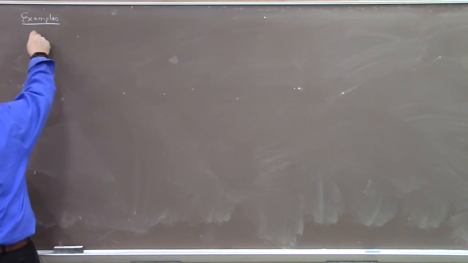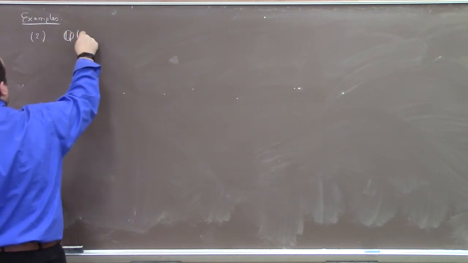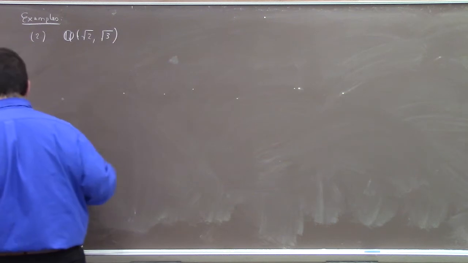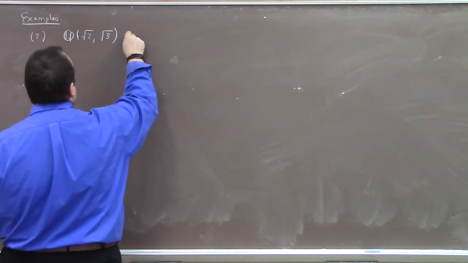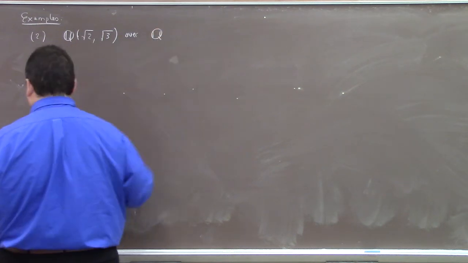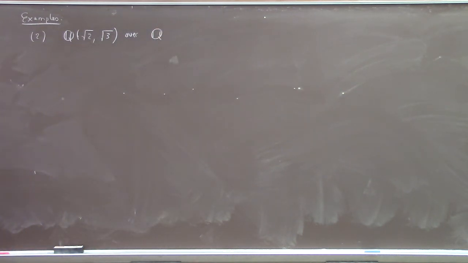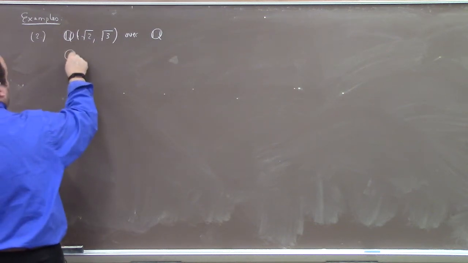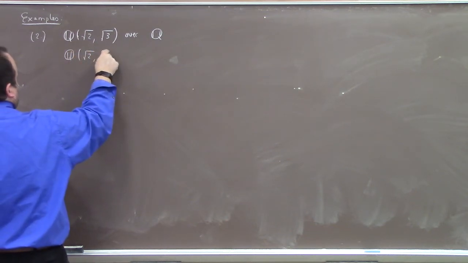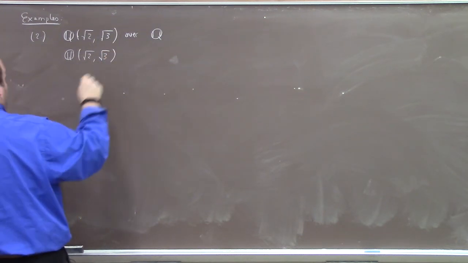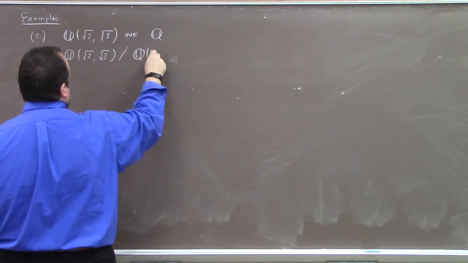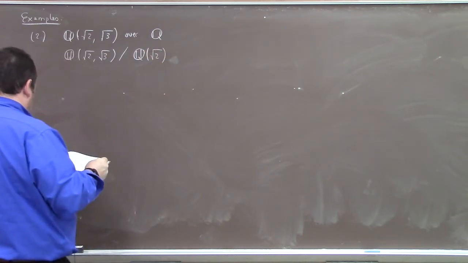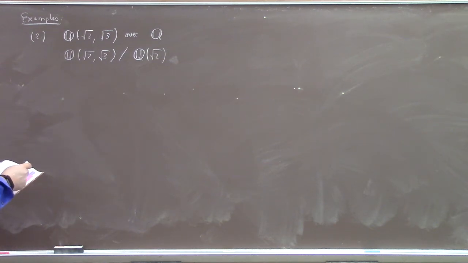All right, so let's look at his second example. Here we've got Q adjoin square root of 2 and square root of 3 over Q. So he says that the degree of Q adjoin root 2, root 3 over Q adjoin root 2 is at most 2.